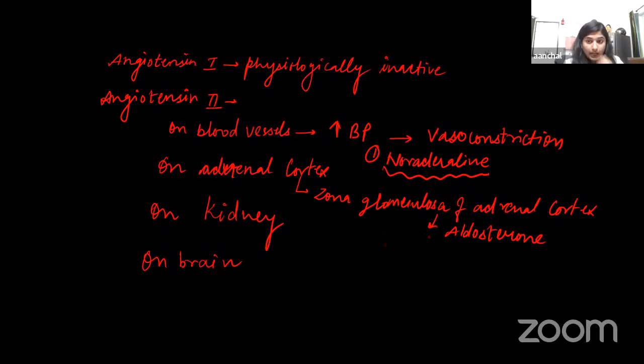Now, this aldosterone will act on renal tubules and it increases the retention of sodium. So, whenever there will be retention of sodium, directly the blood pressure will increase, right?